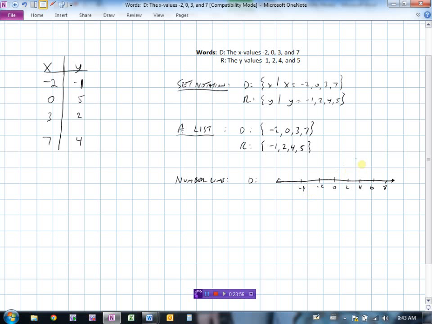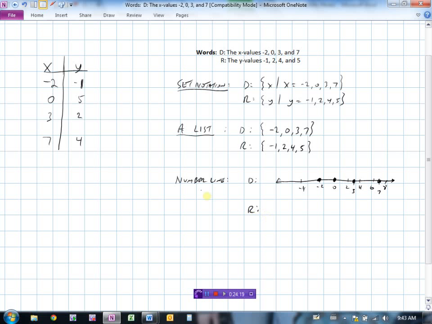So on my number line, I would have a dot at -2, a dot at 0, a dot at 3, and a dot at 7. And so that would be a way of representing the domain using a number line, is to just simply put some dots on your number line.